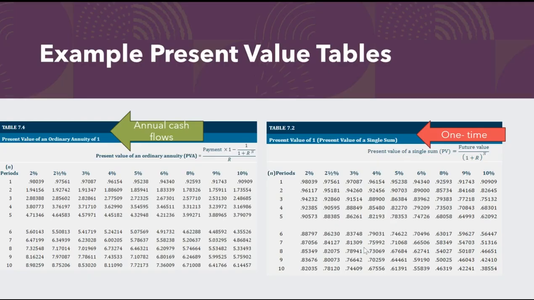We can just go straight back to our tables. And for my one time, I'm going to go to the 5%, 8 years, and identify my factor. And then I do the same thing for my annuity, 5%, 8 years, and identify those factors. Notice the factor for the annuity is larger. That's because it's taking into account that the cash flows are happening every year.